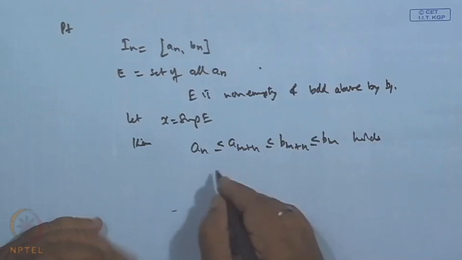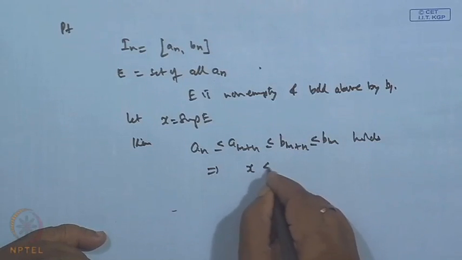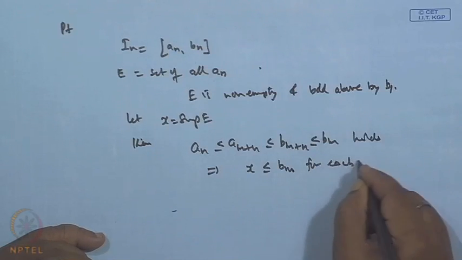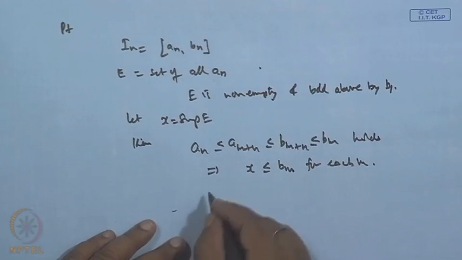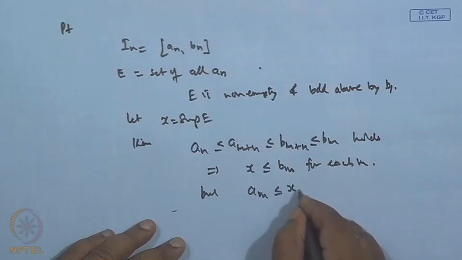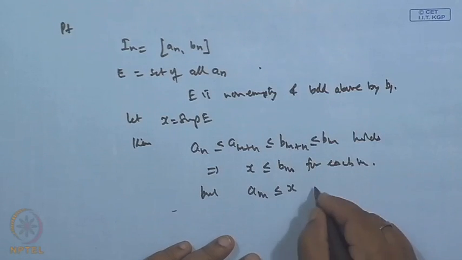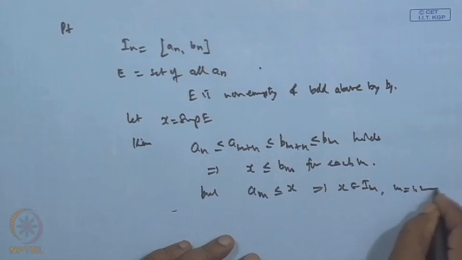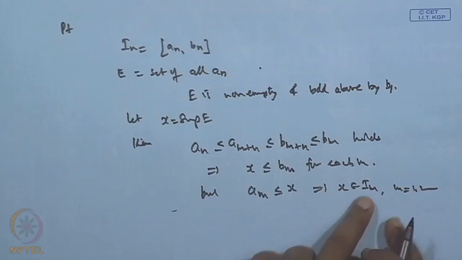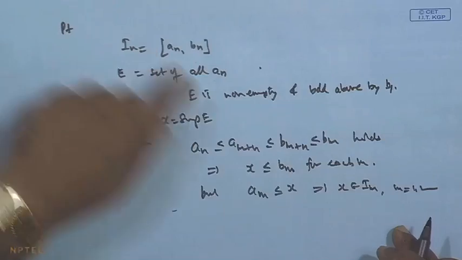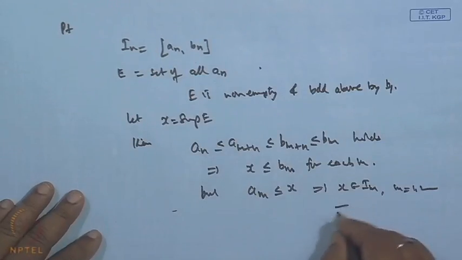Therefore, when you take the supremum, we get X is less than or equal to b m for each m. But a n is already less than or equal to X. So, what does this show? This shows that X belongs to I m for every m. So, any finite subcollection of the I m has a non-empty intersection, therefore the arbitrary intersection will also be non-empty. So, this proves the result.